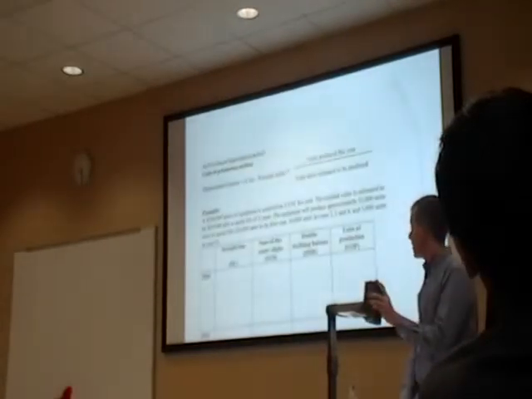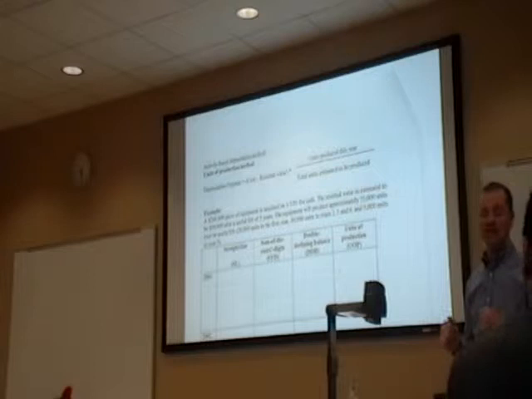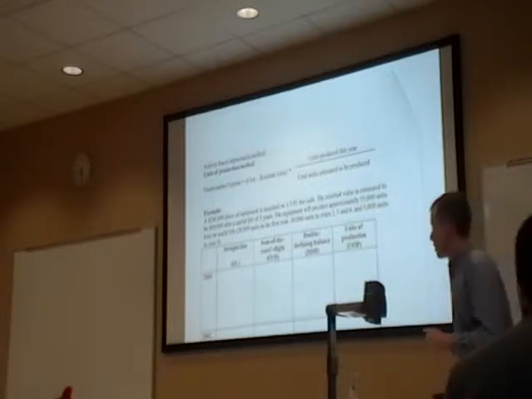The last method, which is on the top of this next page: the first 3 are all time-based. As time passes, we depreciate the asset. This last one is activity-based. It's called units of production.